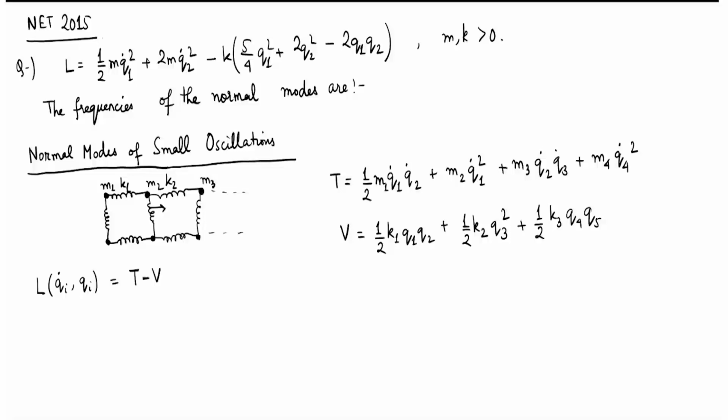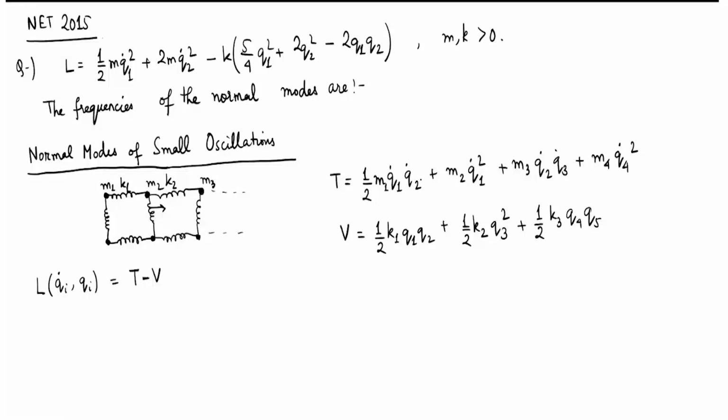So this is the kinetic energy of the whole system, and this is the potential energy of the whole system, and you can find a Lagrangian. The Lagrangian is a function of qi and qi dots of this form.